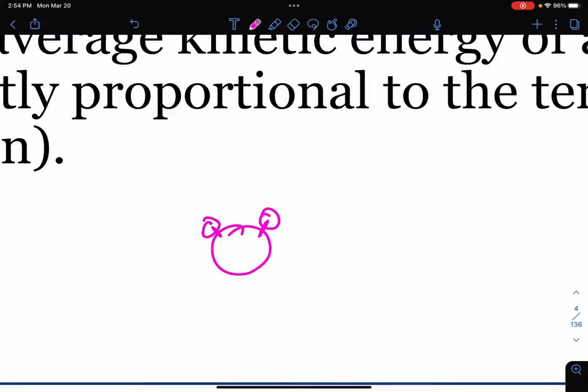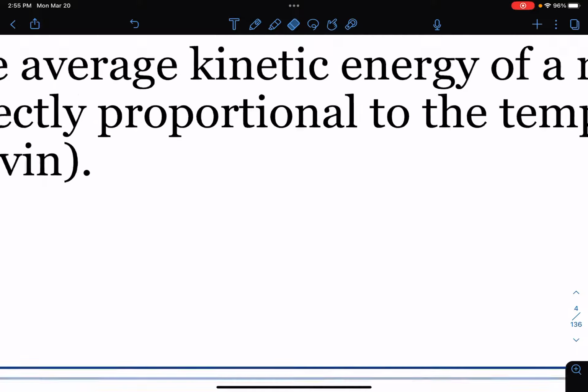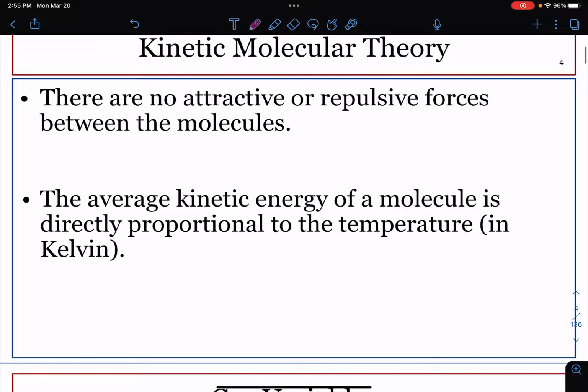And those are the covalent bonds that we've been talking about from chapter 7. The forces that are holding the molecules together in a liquid would be something called an intermolecular force, and it's an attraction between the two molecules. And we will talk more about that in 9.5. In gases, the molecules are so far apart that there are no attractive or repulsive forces felt between the molecules.